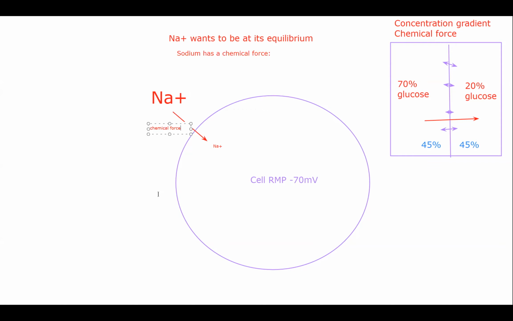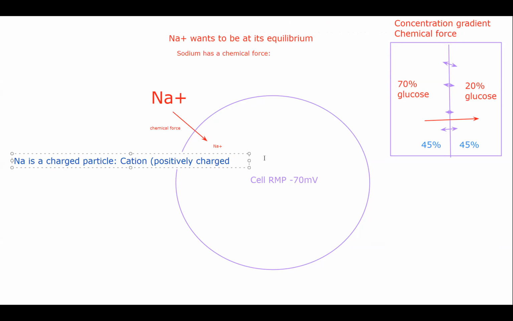But here's the big difference between sodium and glucose. Sodium is a charged particle. It's a cation, which means it's positively charged. Oh, and for this, we should change colors to blue.